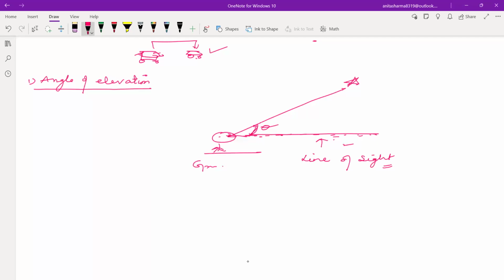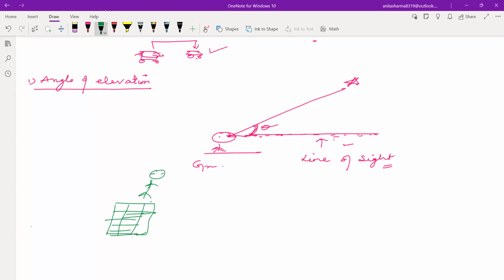So in simple language, when you are seeing upward, then you are making an elevation angle. Clear this thing, angle of elevation? Now, suppose there is a building, and a girl is standing on the building.